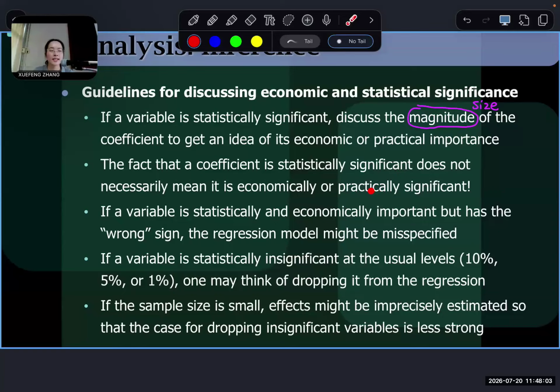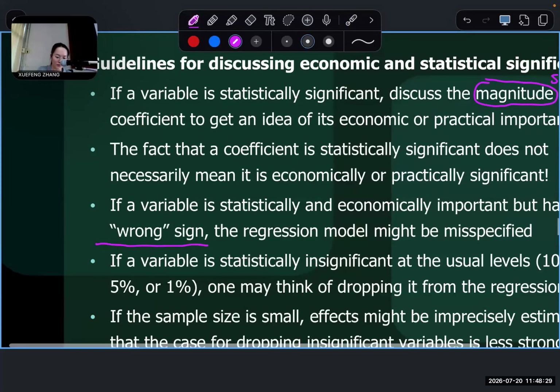Keep this separate. And next one, if a variable is statistically and economically important, but has the wrong sign, but significant, that's a red flag. Maybe your model is misspecified. Like in microeconomics, our price effect.